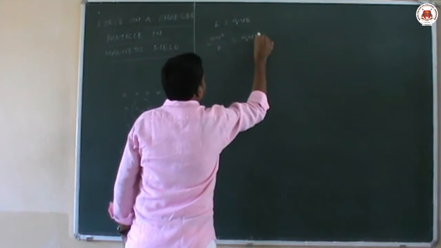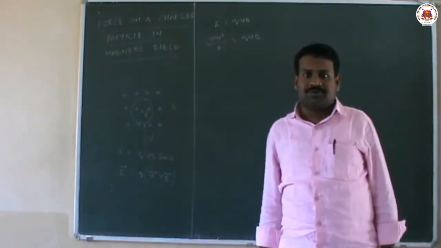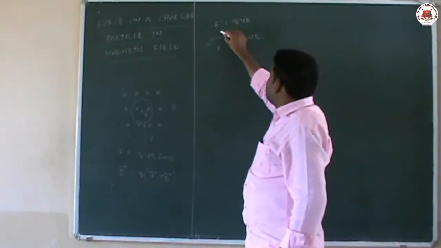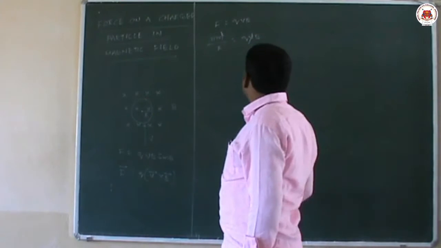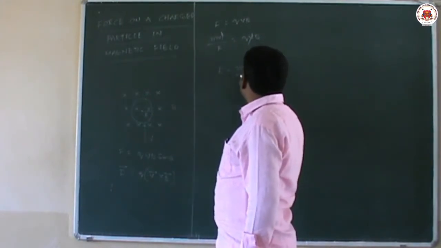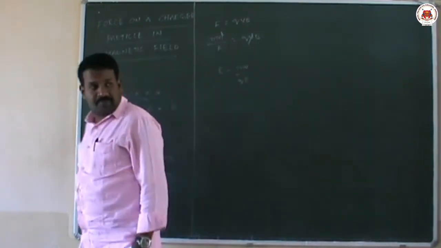The force due to magnetism will provide the necessary centripetal force. Therefore, mv square by r is equal to QVB. V square and V will get cancelled. Then r is equal to mv by qB.